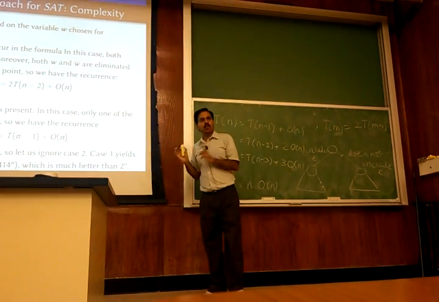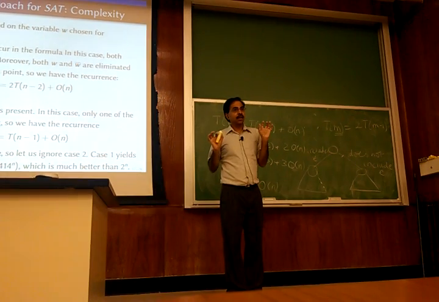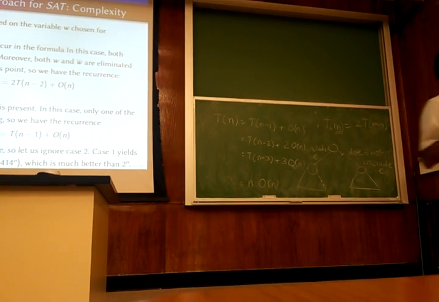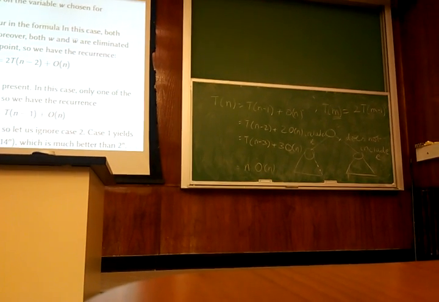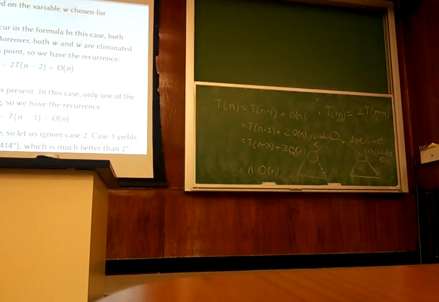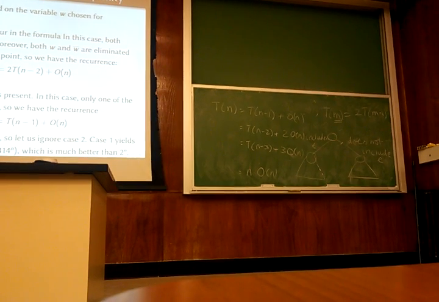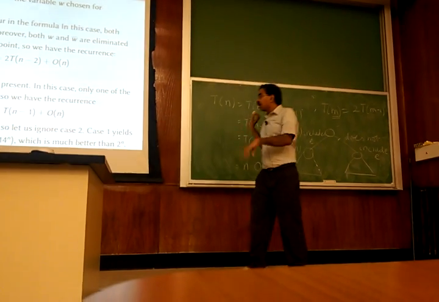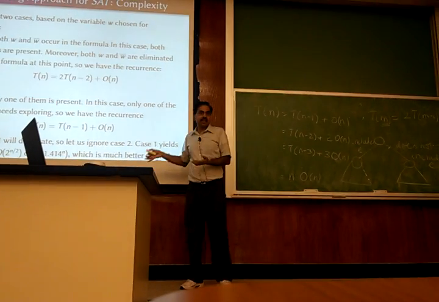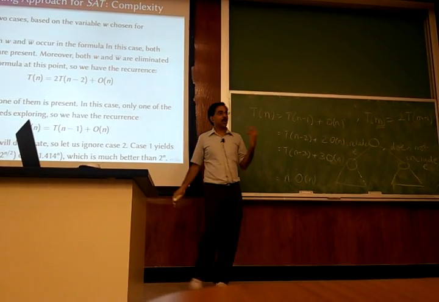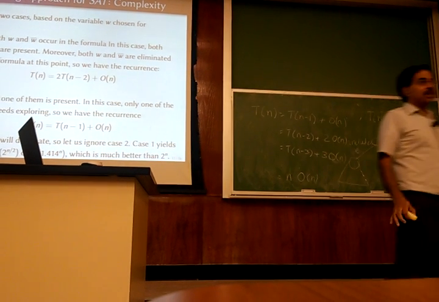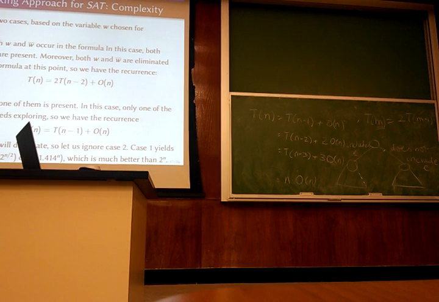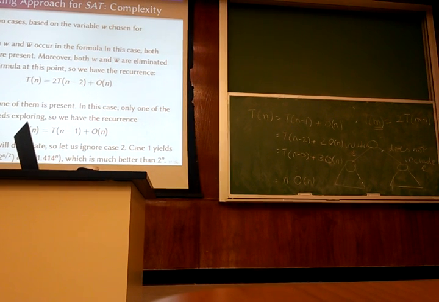But we need to be careful about what n we are using. When we said you can have a 2 to the power n solution by trying every possible value for each variable, there n was the number of variables. Whereas here I'm using n as the number of literals. Obviously the number of literals is twice the number of variables. So even though I have given you a 2 to the power n by 2 solution, if n was actually the number of variables, all I have is 2 to the power n, right?